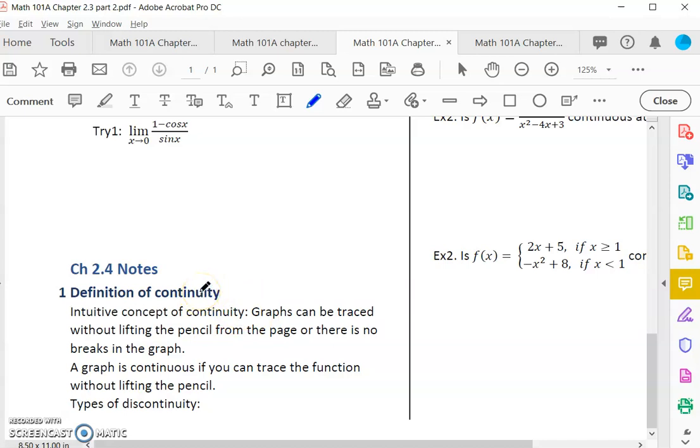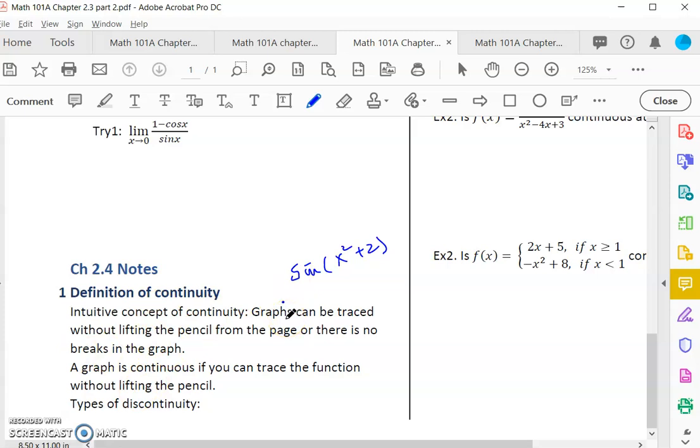That means if I have a composite function, I can move the limit inside of the composite when I take the limit. For example, if I have the limit of sine of x squared plus 2, can I actually do the limit? I know how to do sine x, but I don't know how to do sine of x squared plus 2. This is a composite function with sine outside and x squared plus 2 inside. So continuity helps us deal with that.